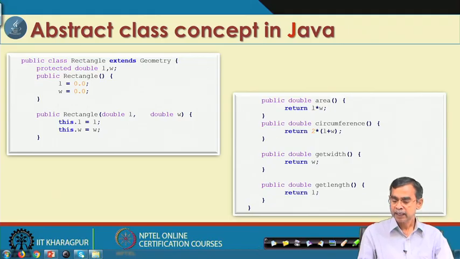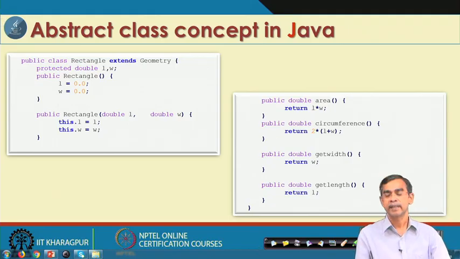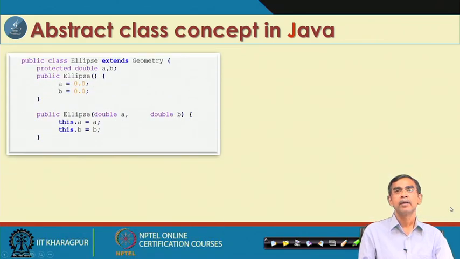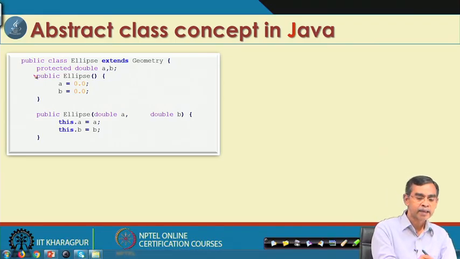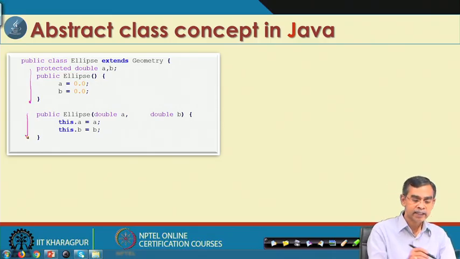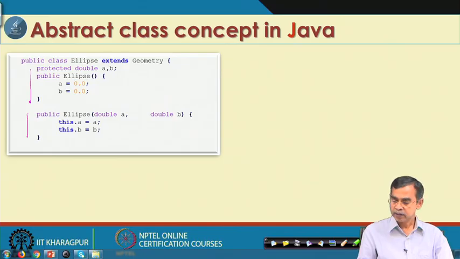So, this completes the declaration of the class rectangle, which is inherited from the class geometry. Now, our next class in the example is the ellipse. We again derive the ellipse class inheriting from geometry. It has methods like this, and it has another constructor. There are a few more things here also.